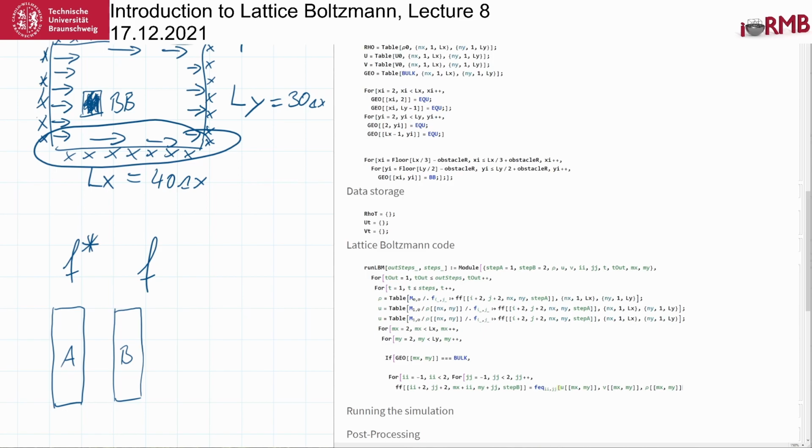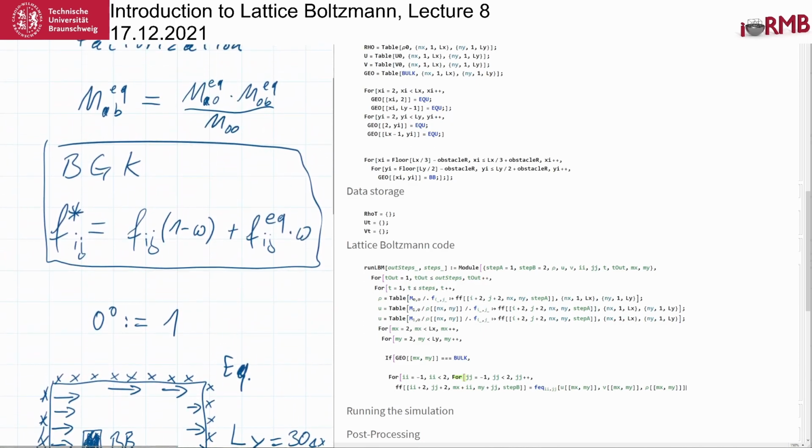So this is the equilibrium. I've written it in a different order here, so I will give here an omega. This goes into omega times F equilibrium, and then we actually have the pre-collision distribution.